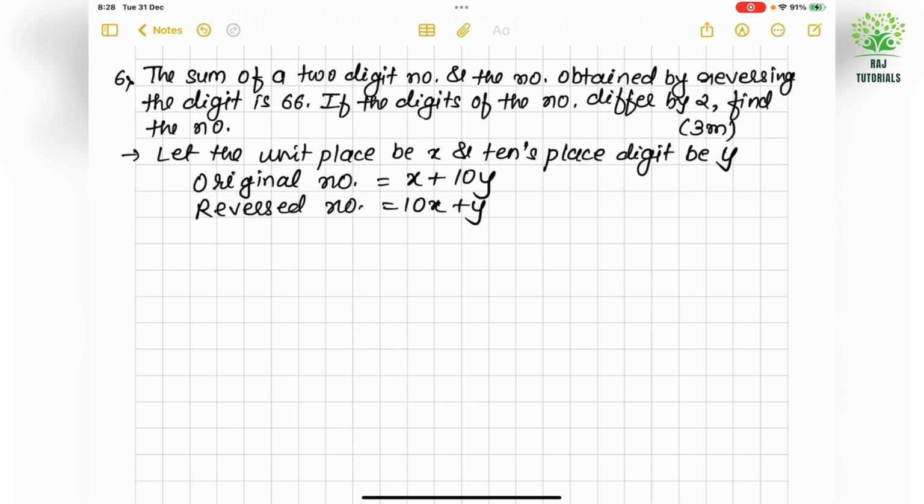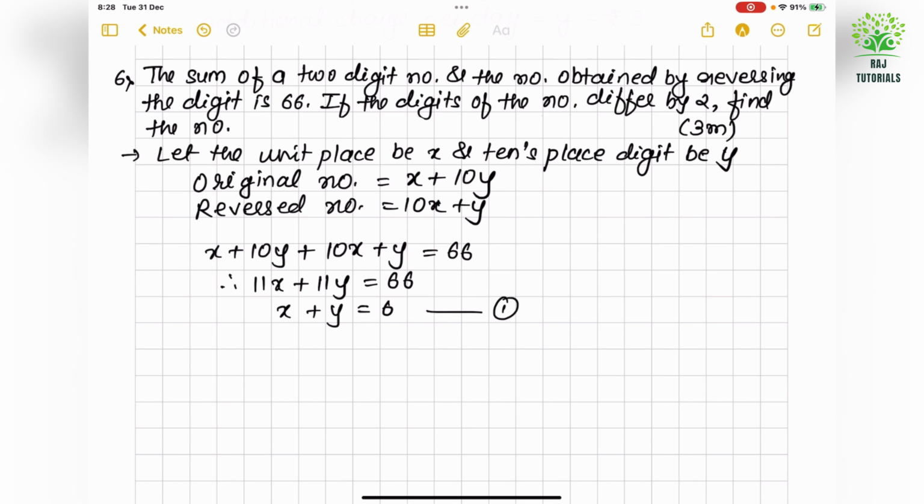Now he is saying the sum of both is 66. So x plus 10y plus 10x plus y equal to 66. So therefore 11x plus 11y equal to 66. So x plus y equal to 6. So that is one equation.